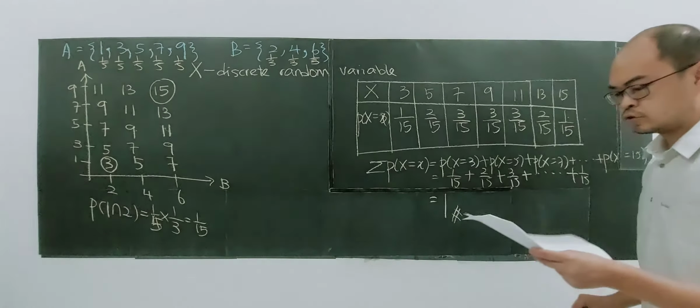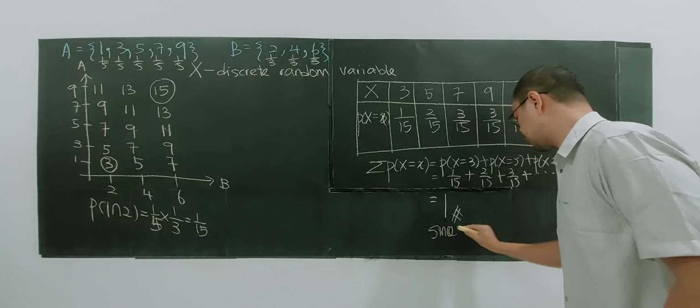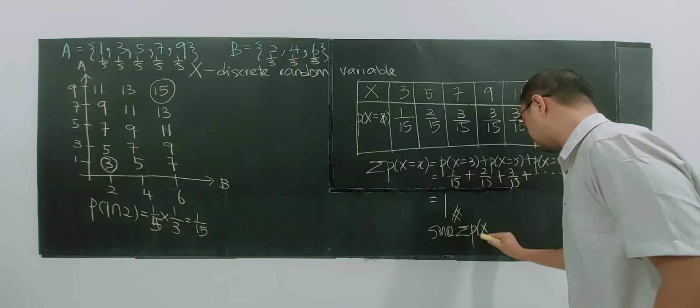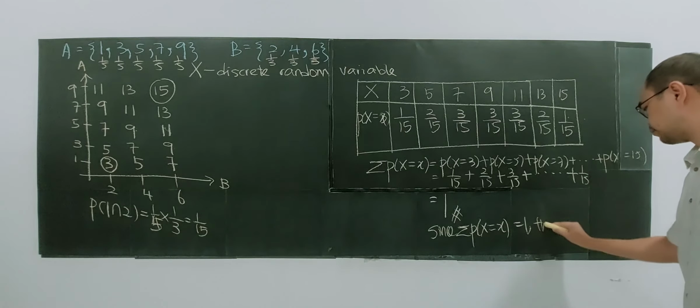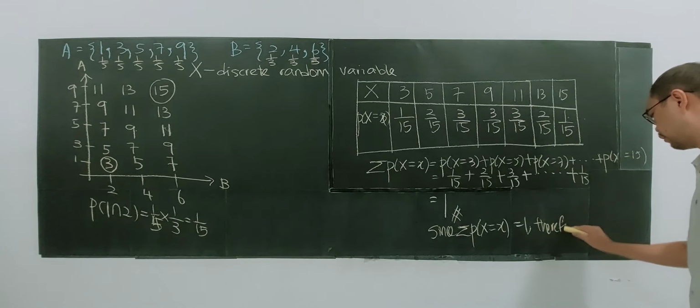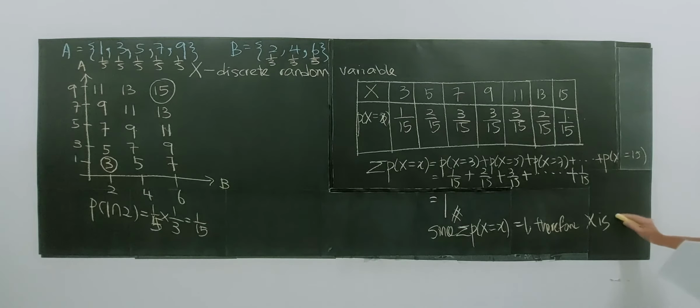So you have already shown that since the summation of the probabilities is equal to 1, therefore x is a discrete random variable, right?